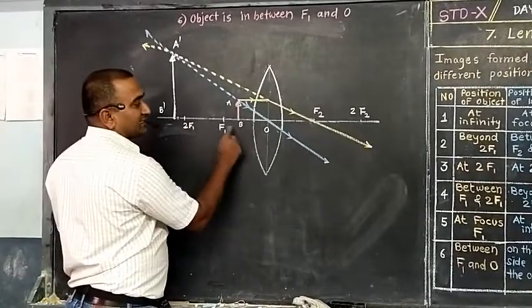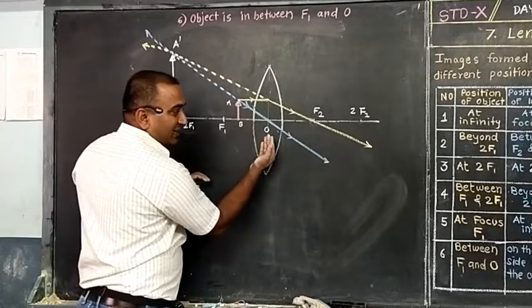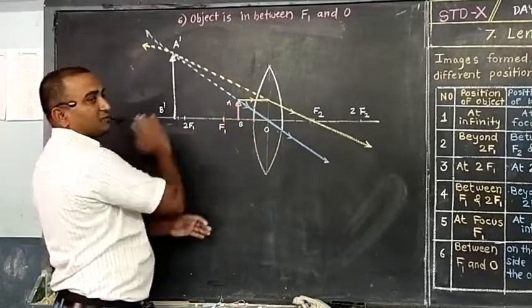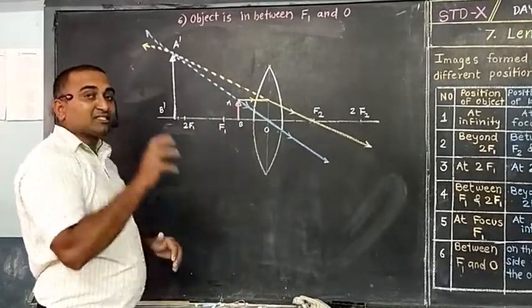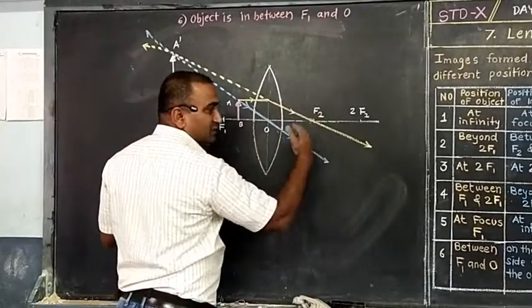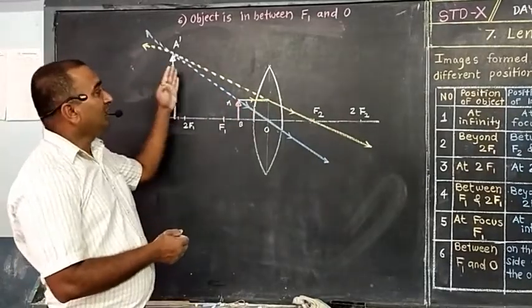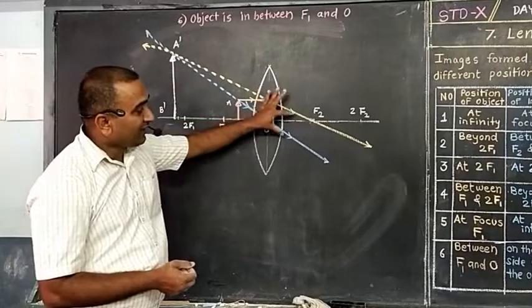But what is the condition here? When object is in between F1 and O, then we are getting the image on the same side of the object. In the previous five conditions, we were getting the object towards the right, image towards the right side. So real images we are getting. But now, in the real image, real rays are meeting.